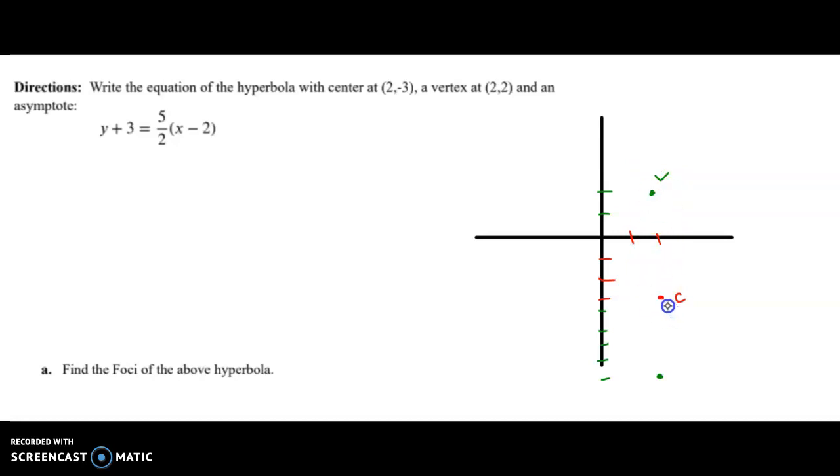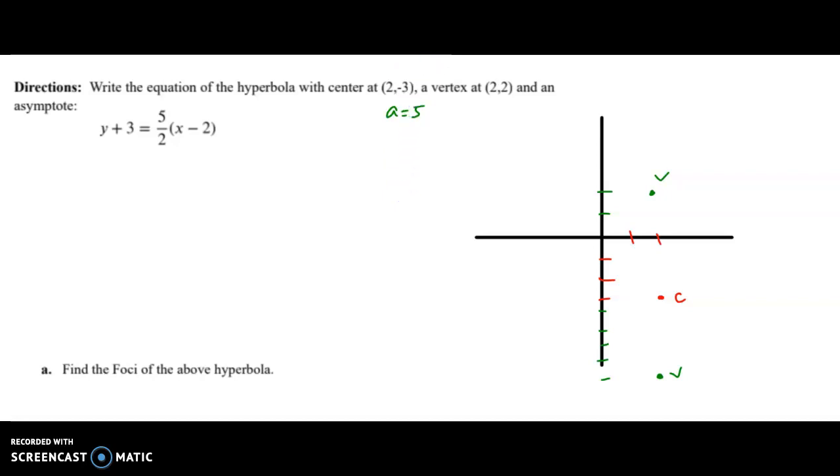So then what I did was, from the center, I went down 5 for my other vertex. So that's your a value, the distance from the center to a vertex. That's your a value.